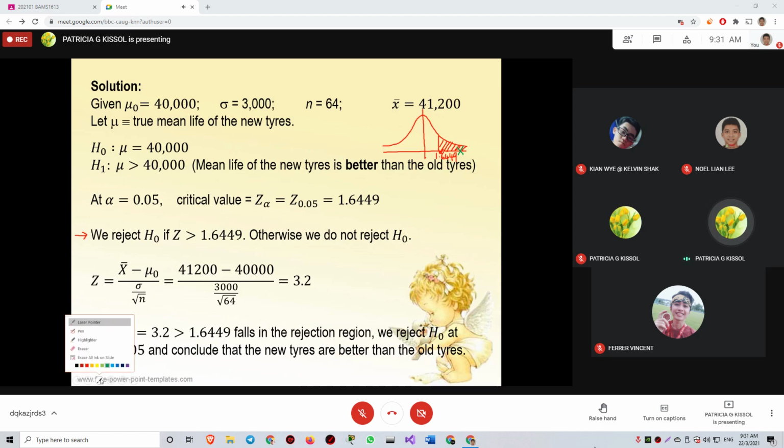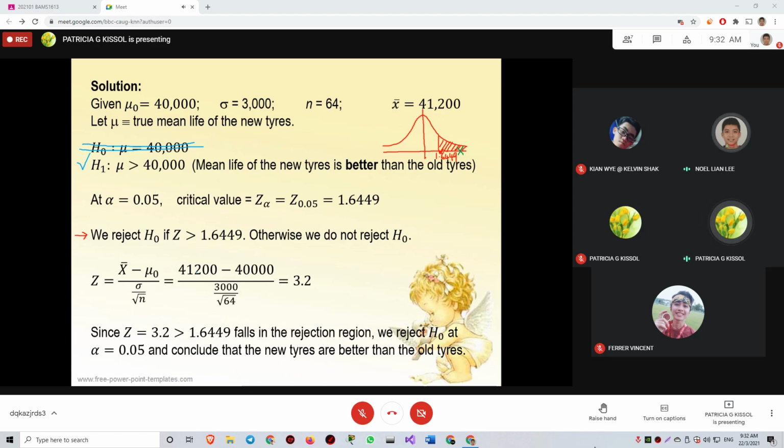You see, class, what we have decided here is we reject the null hypothesis. We don't accept it. We reject it, and therefore we say the mean life of the new tires is better than the old tires. We agree with that statement because we already reject the null hypothesis.